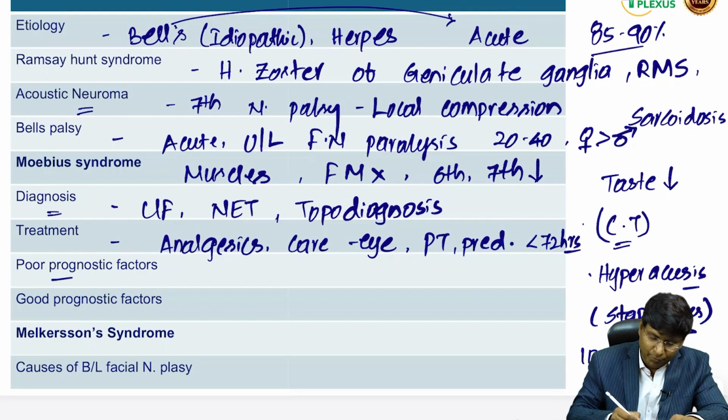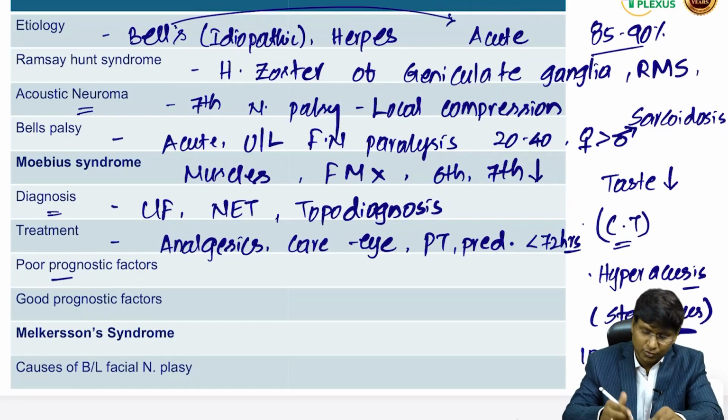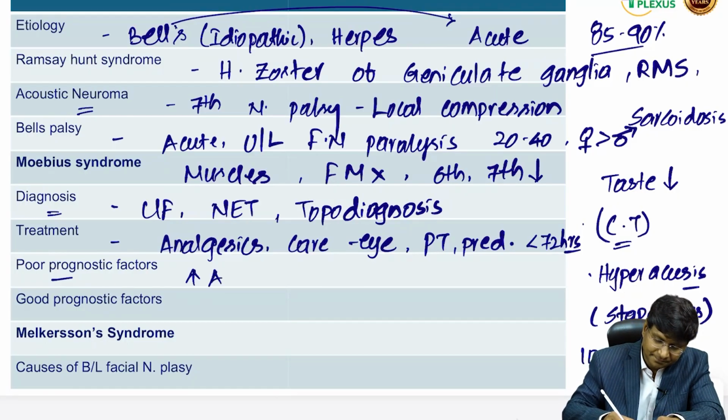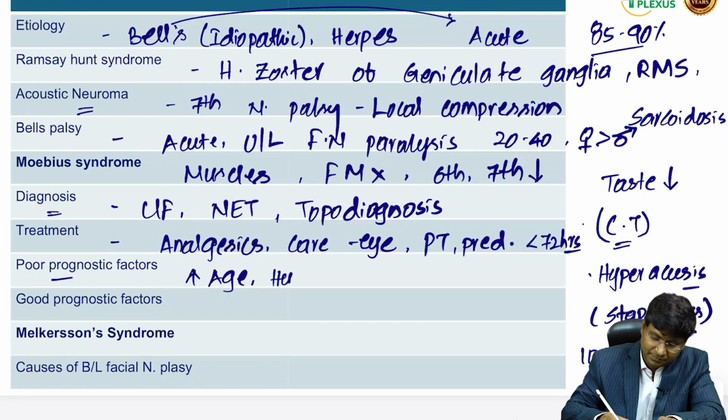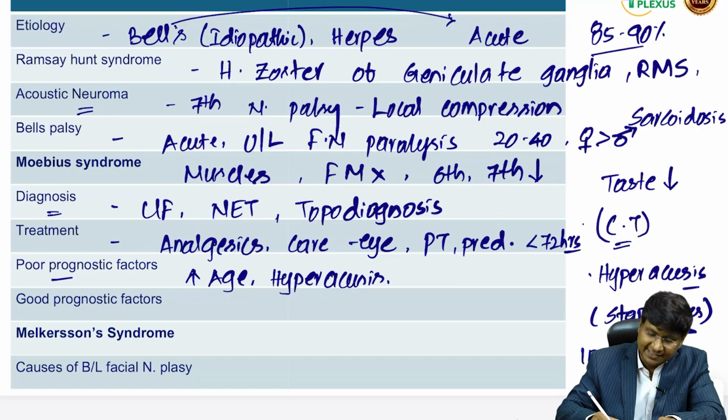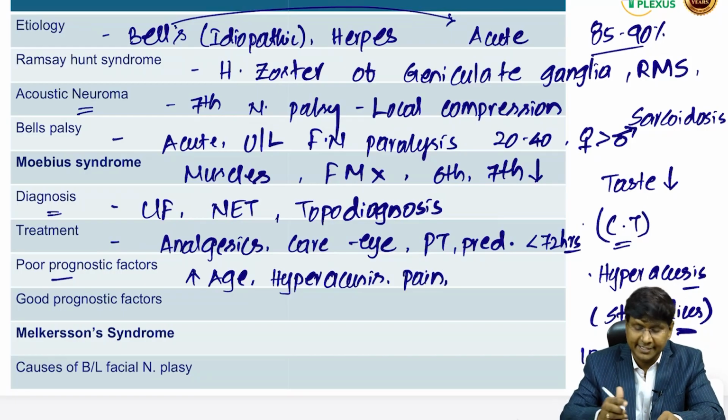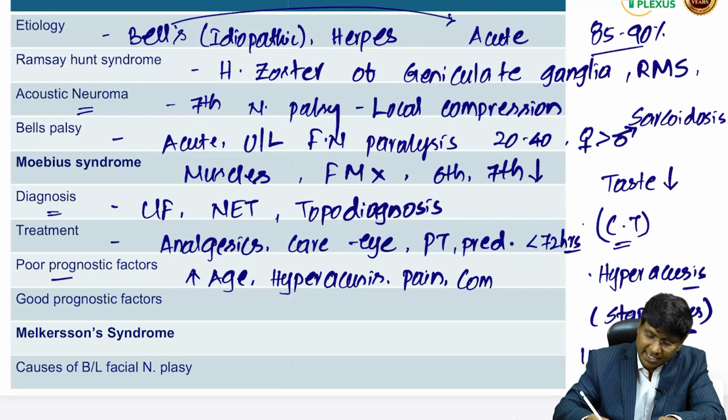Then what are the poor prognostic factors? The poor prognostic factors are advanced age, then hyperacusis is another important poor prognostic factor, and the presence of severe initial pain on the affected side, and the presence of complete facial palsy.